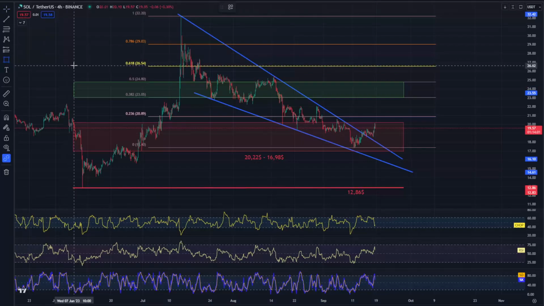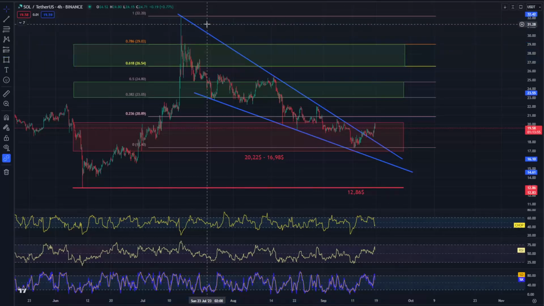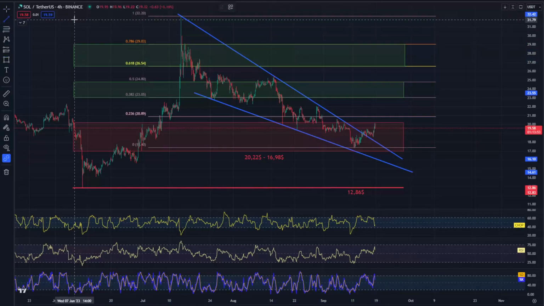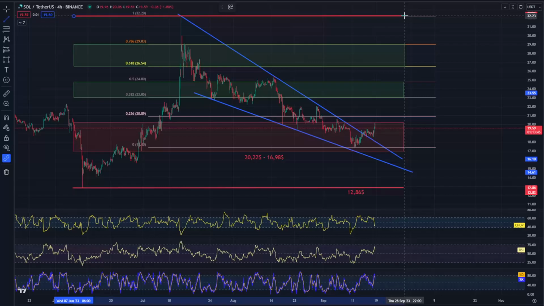Then we have a second zone from $26.56 to $29.03. And then a strong resistance at the level of $32.20.